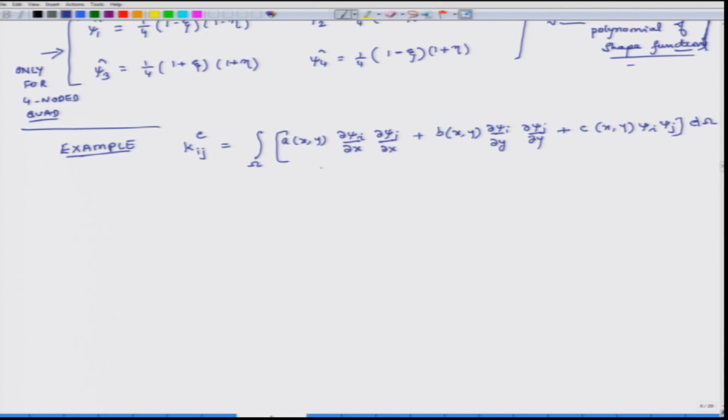So, suppose I have to calculate this integral so that I can assign the values of Kij for a specific element. Then how do I do that?